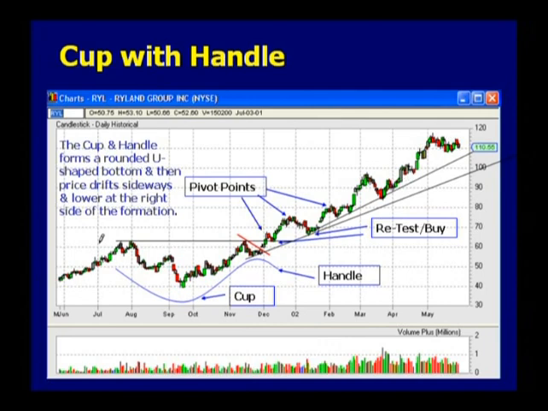It has come up and hit resistance. We've got a little double top in the middle of July, end of July and early August. It sells off, comes back up and hits that same resistance line. It has a very small retracement, less than 38.2%. So this is forming the cup, and this is the handle in here.